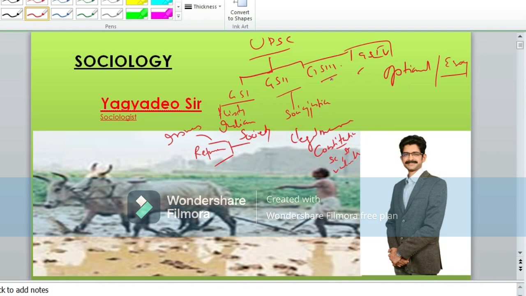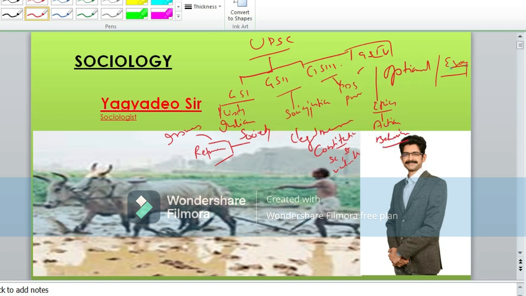GS3 is the economic system, which is used for PDS or the poor section. GS4 comprises ethics, where you go through the action or behavior of the actor.